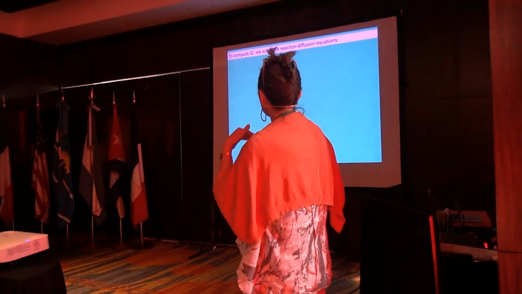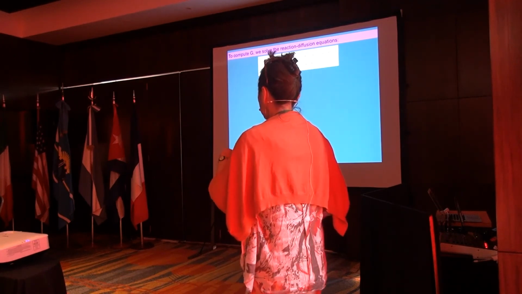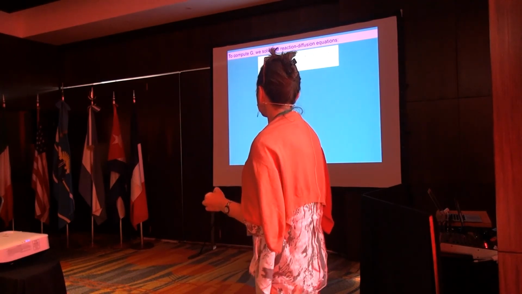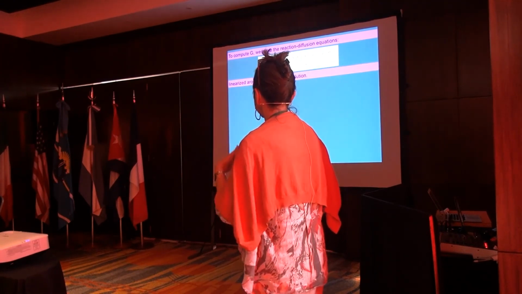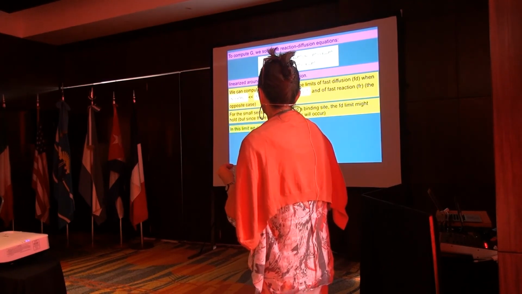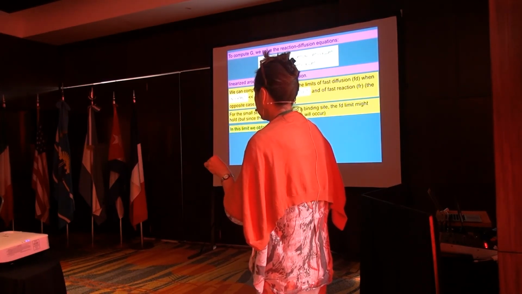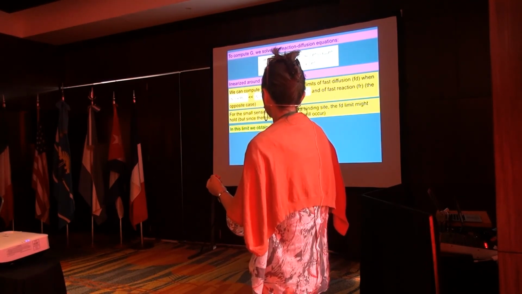And to do that, we used something that we've been using to understand fluorescence correlation spectroscopy experiments, with reaction-diffusion equations, which we linearized. Let me tell you that we can obtain some analytic approximations of the autocorrelation.